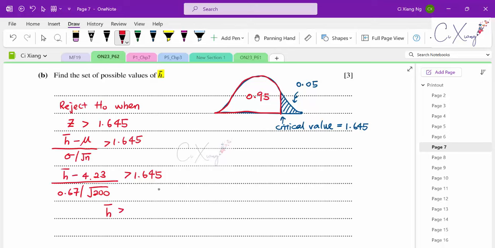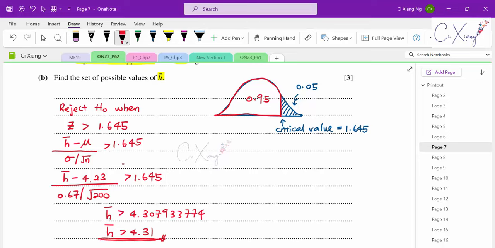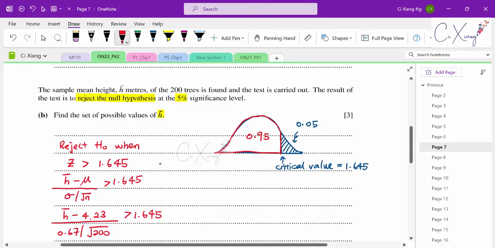By right you should get the value 4.307933774, which is a very long value. Therefore, I will cut it short into three significant figures, which is 4.31. So my sample mean must have a value greater than 4.31, then only we will reject the null hypothesis.